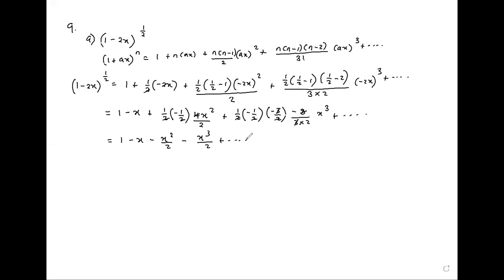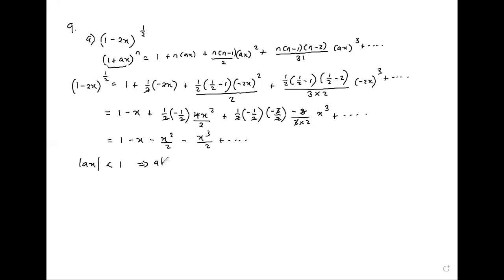The next thing we do is find the range of values for which the expansion is valid. For any series you deal with, if your expansion is in the form of brackets, you put ax in the modulus and make it less than 1.